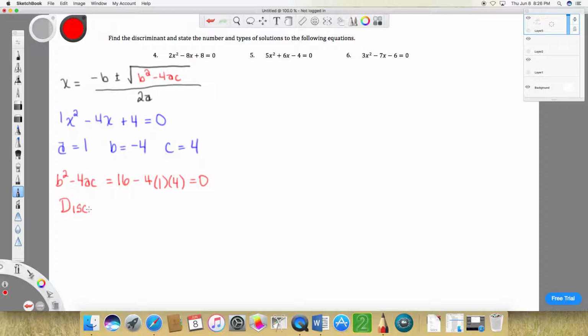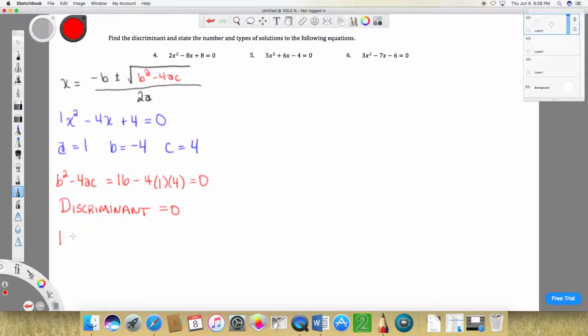So it wants two things. It wants the discriminant, and it wants the number and the type of the solutions.